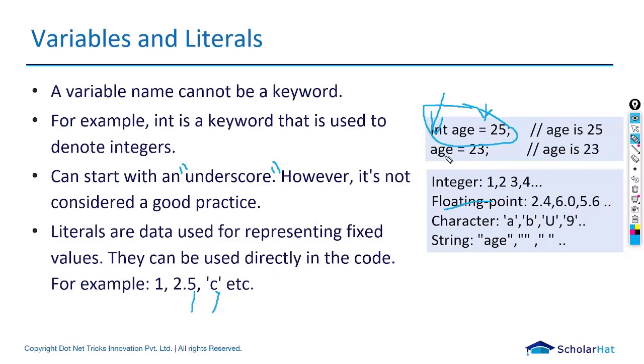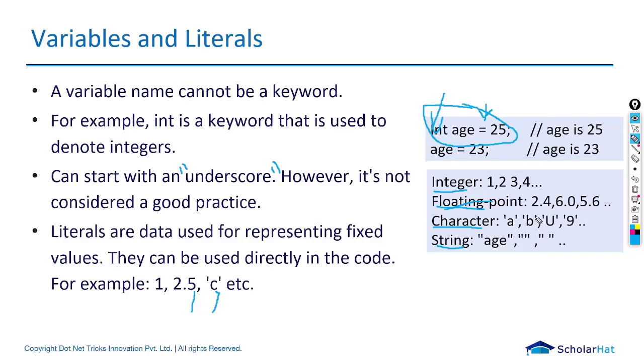So there are various data types. We'll be talking further on in the video. One is integer, floating point, character, and string. Integers we already know, 1, 2, 3, 4, these are all integers. Floating point means it has a decimal value, a small decimal value. One more thing is there, that is double.